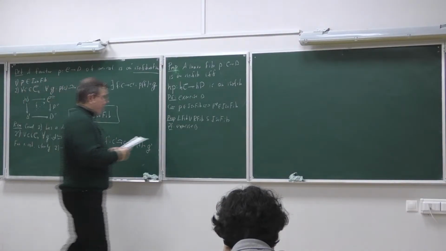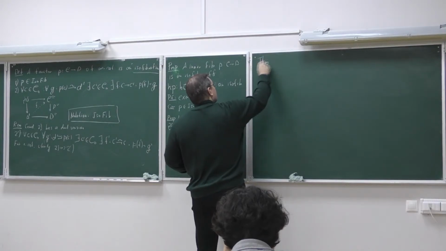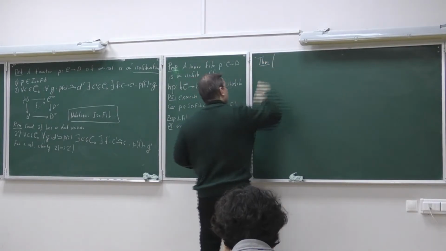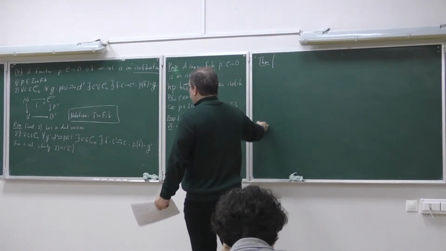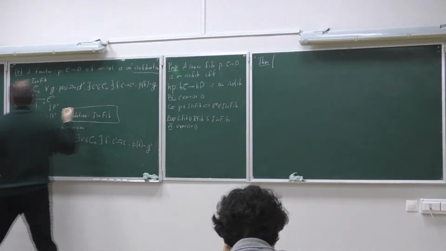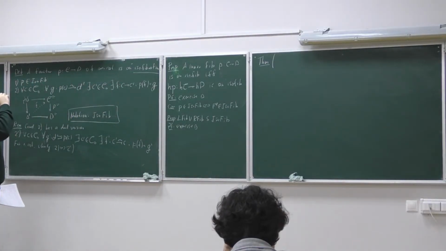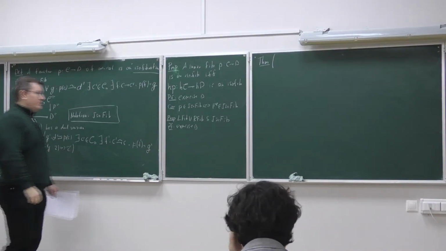Namely, I want to formulate and prove the following theorem, which is one of the important theorems in this course. So you notice that in the proof I'll need the notion of isofibrations and the notion of the conservative functor, but actually to develop the theory of conservative functors and isofibrations, I need this theorem.